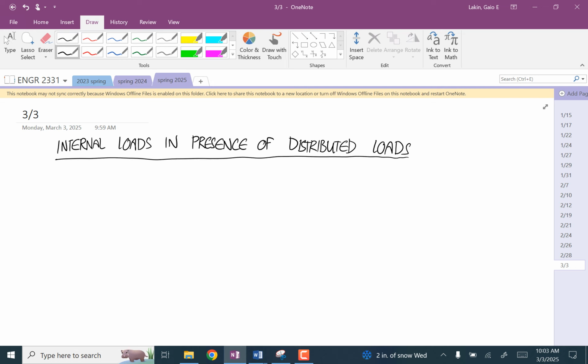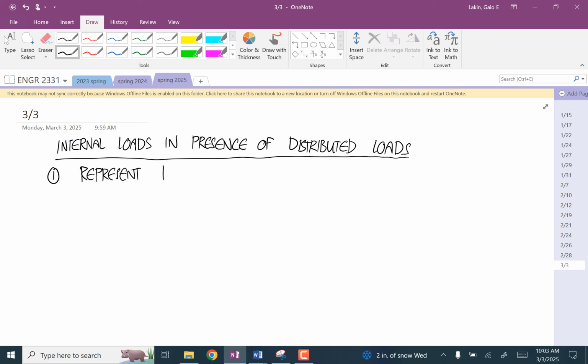So first, to do the calculations, remember, you always have to represent the distributed load as a point force, but don't do that until after you've chosen the body to isolate.